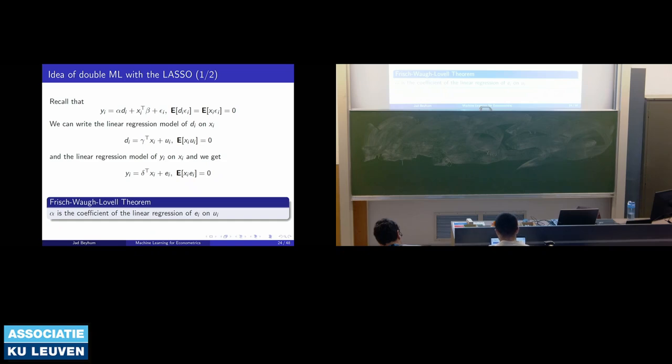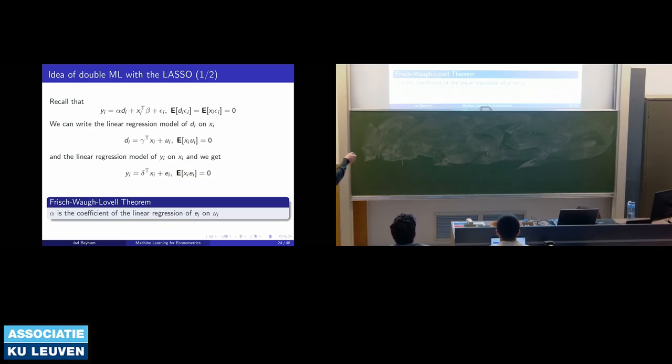You can always write such a model, you remember, where gamma is the best fitting line between D_i and X_i. That's what we saw for OLS in chapter 2. This is not a causal model, this is just a predictive model. The only causal model we maintain if we want to interpret alpha as a causal effect is the first one.